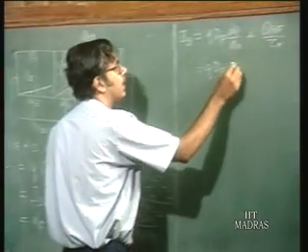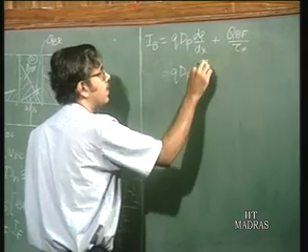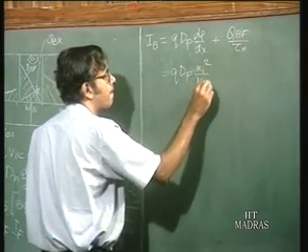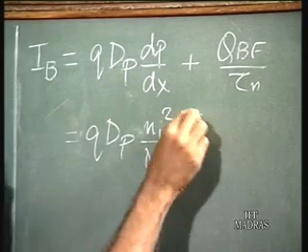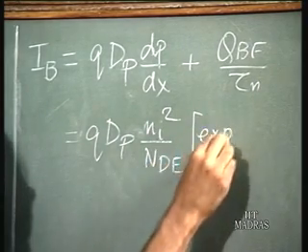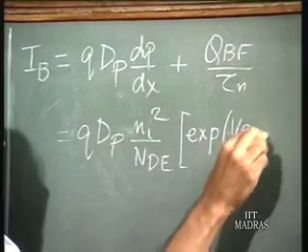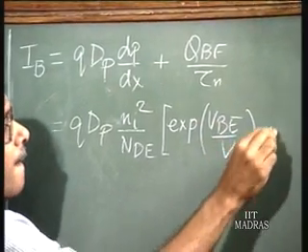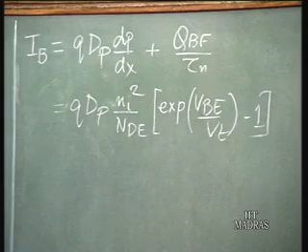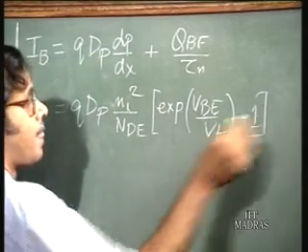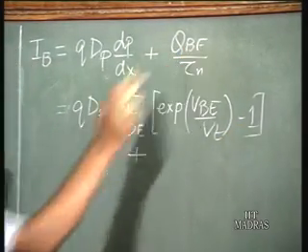So, again what do you get? Ni squared by Nd in the emitter, plus this component.